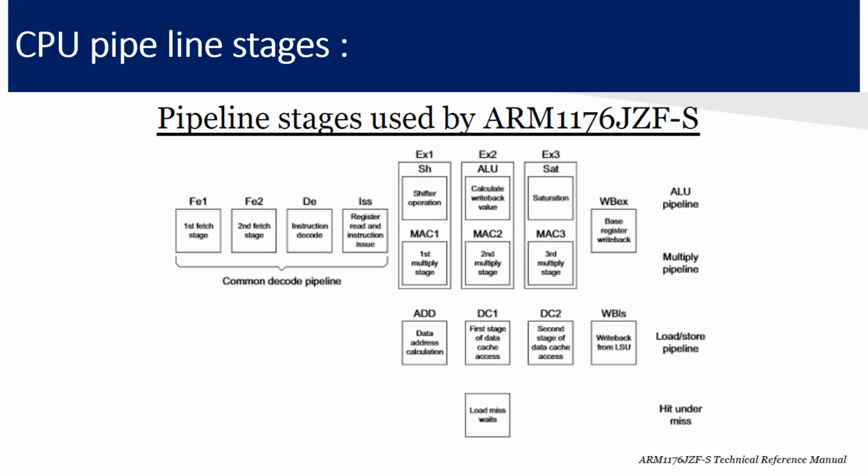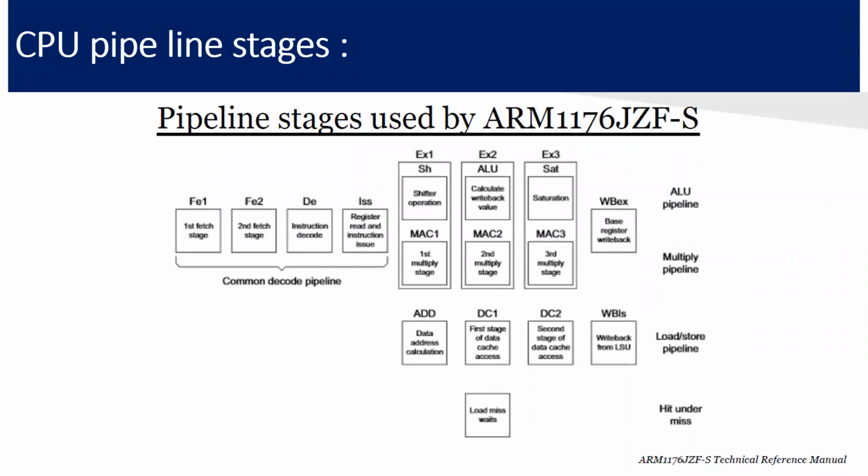But in case of this ARM 11 processor, what you have to remember is that initially the ARM core was also using three stages of pipeline. But afterwards, with advancement, it is using 8 stages. Each stage is assigned a particular function.